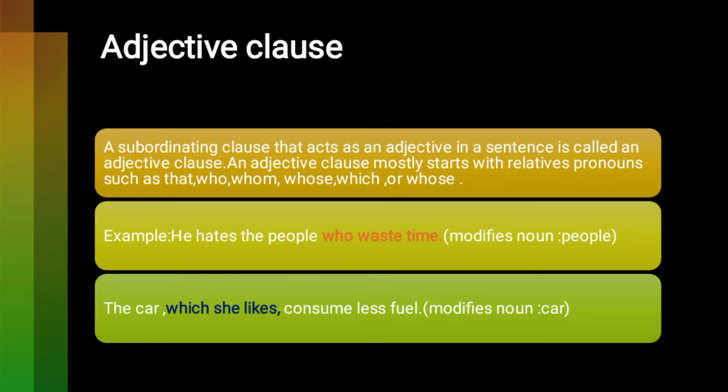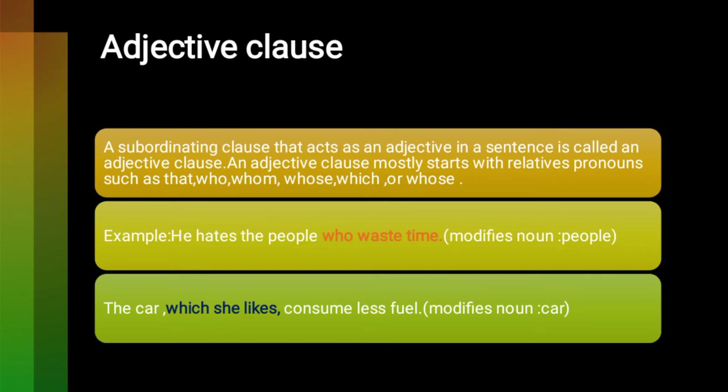Next we have the adjective clause. So what is an adjective clause? An adjective clause is a type of subordinate clause that acts like an adjective in a sentence. It mostly starts with relative pronouns such as that, who, whom, whose, or which. For example, he hates the people who waste time.